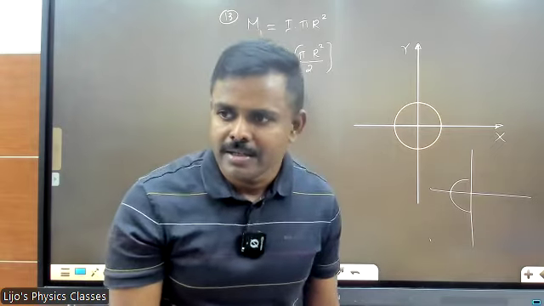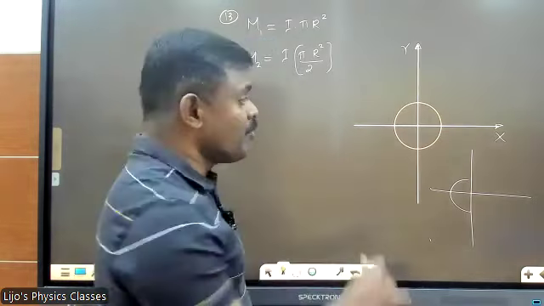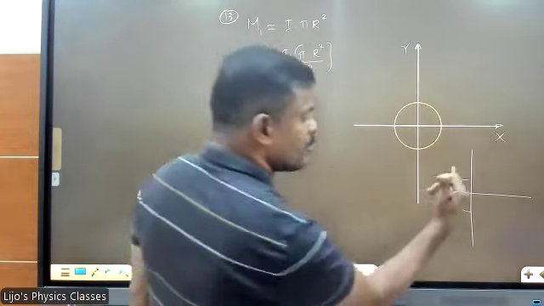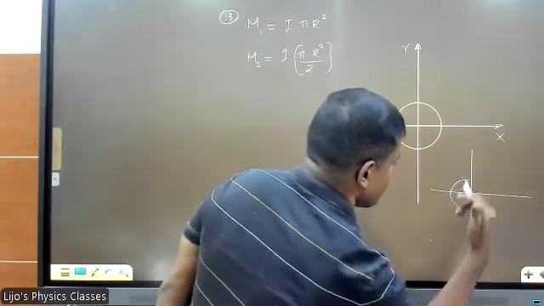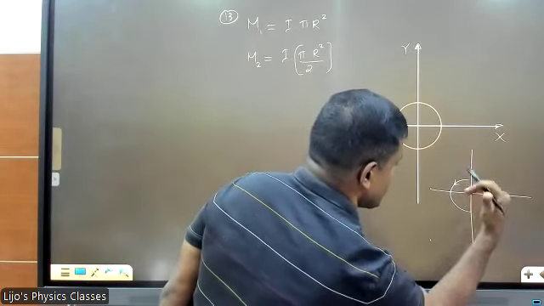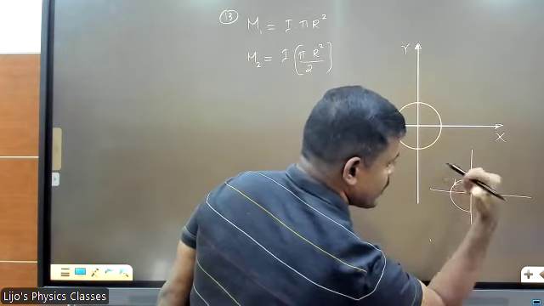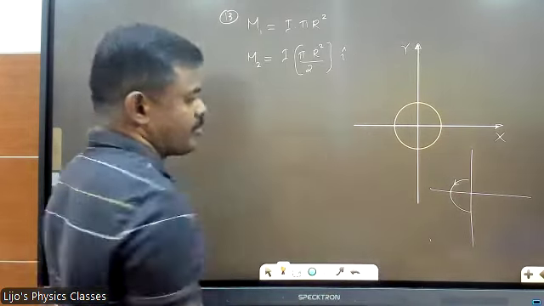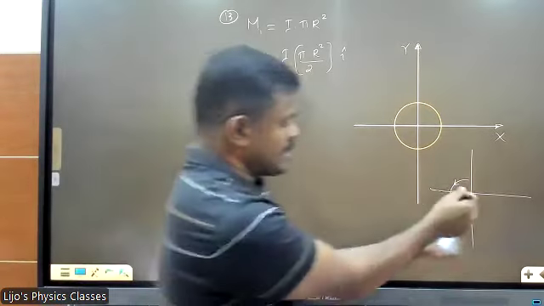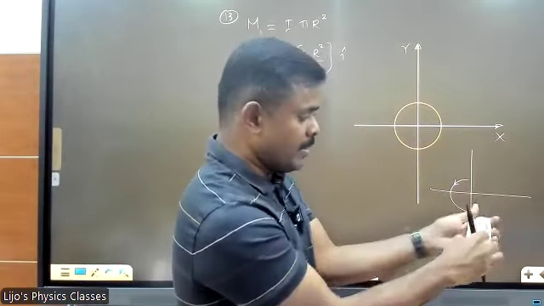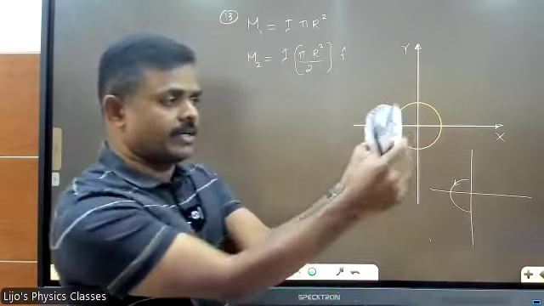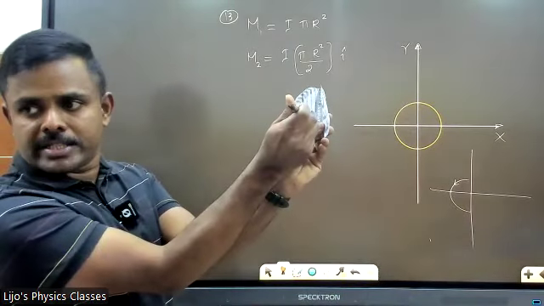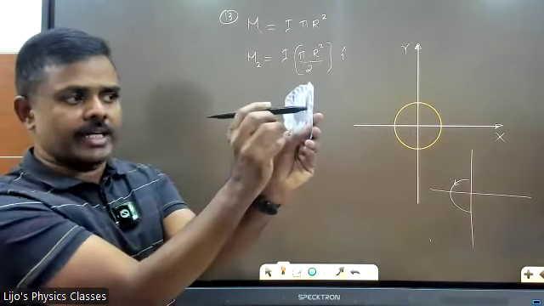And what is the direction of it? I can put I cap, because if I put the direction of current this way, the area vector is coming out. For this one, the area is in this direction, whereas for this one, the area is in this direction.